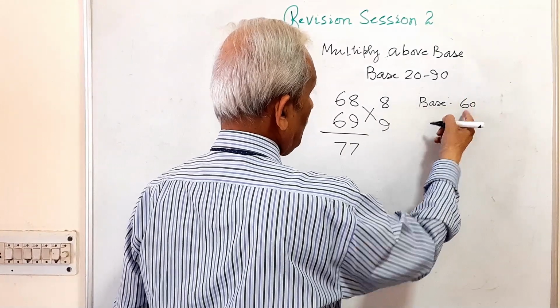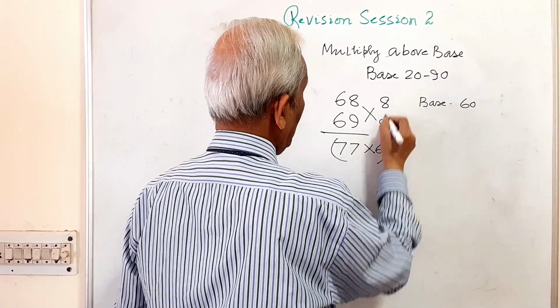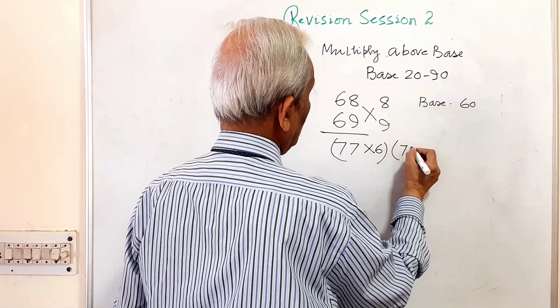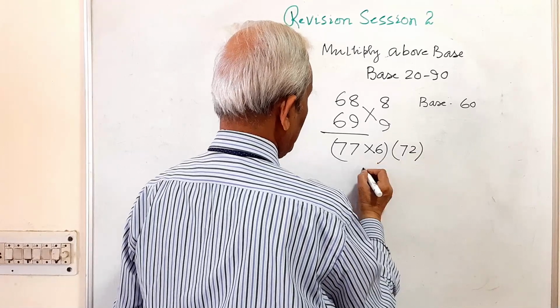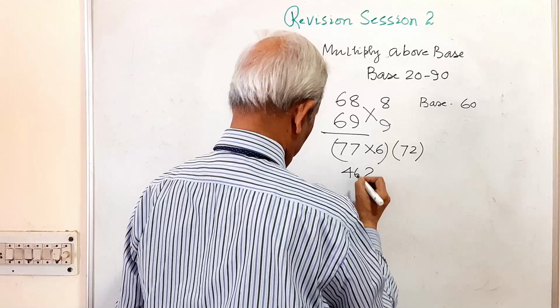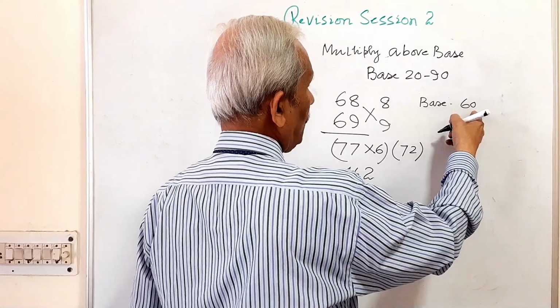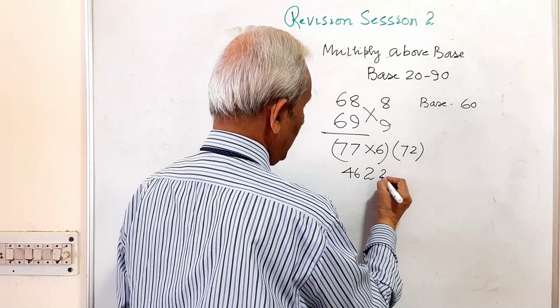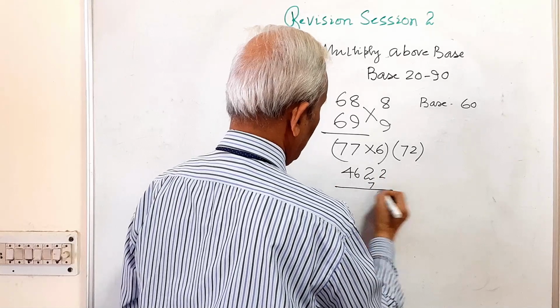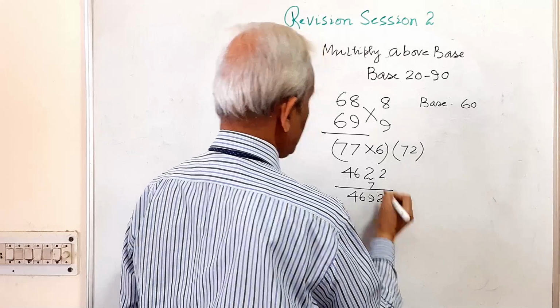The base is 60, so multiply this with 6. Second part of the answer, 8 into 9 is 72. This becomes 462 and 72. The base has got one zero, so we'll write down 2 here and 7 here. This becomes 4692. Hope you understand it.